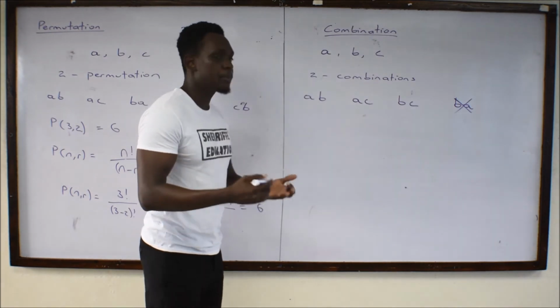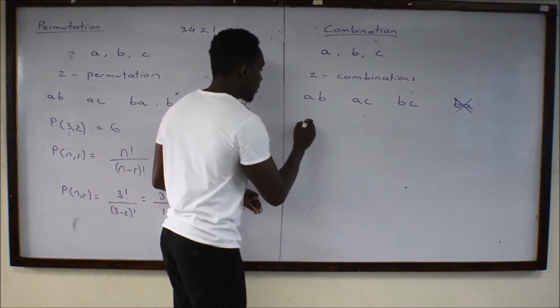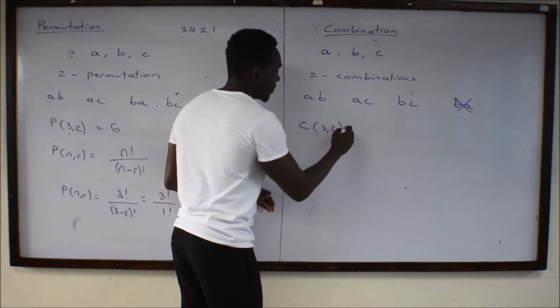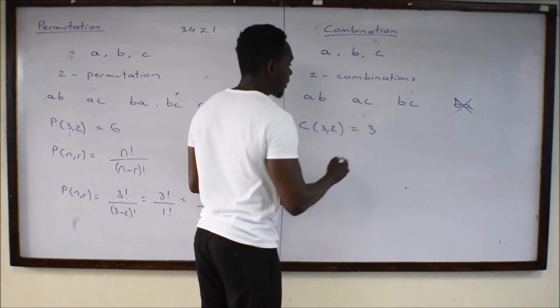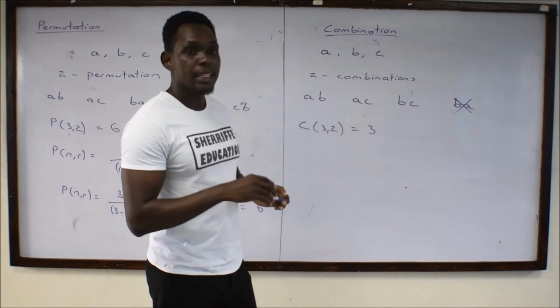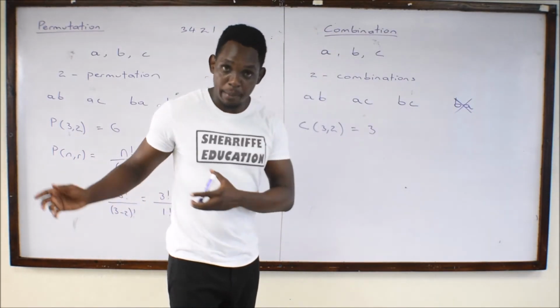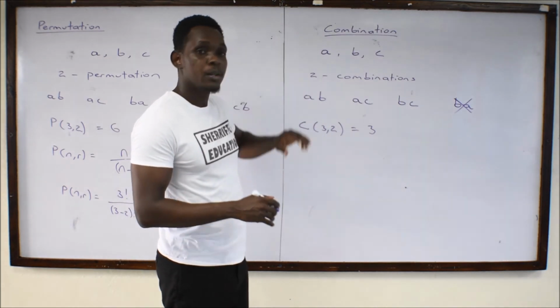So how do we represent this? We can represent this as C(3,2), and we know that this is equal to 3. Like permutation, we also have a formula for combination.